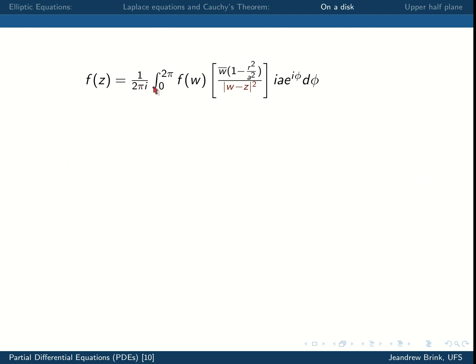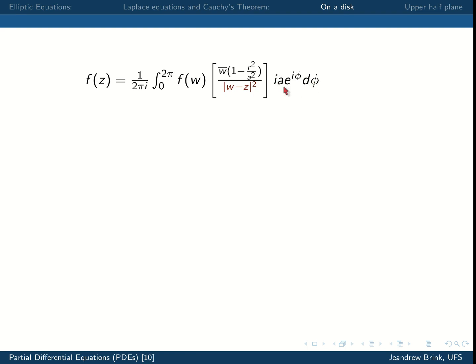It's 1 over 2 pi i times the integral from 0 to 2 pi, and we're integrating over the boundary, so the angle goes d phi. f of w, which is the complex number on the boundary, times this factor that we calculated on the previous slide, times, remember, we're replacing the line integral on the complex plane with an actual real integral, so our dz becomes i a e to the i phi d phi.